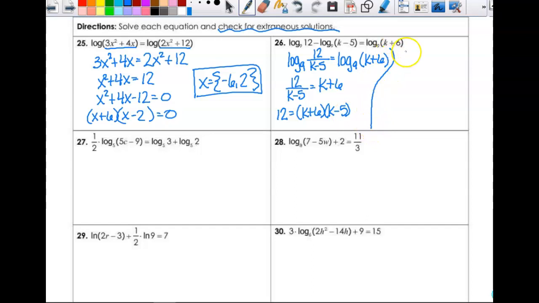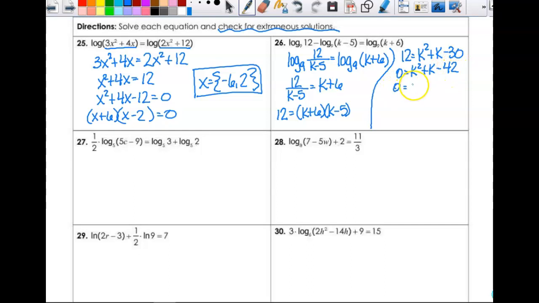Right, so I'm going to move up here, and then I'm going to multiply those. So 12 equals k squared. Then I'll have minus 5k plus 6k, which will be plus k, and then minus 30. Set it equal to 0, so 0 equals k squared plus k minus 42.